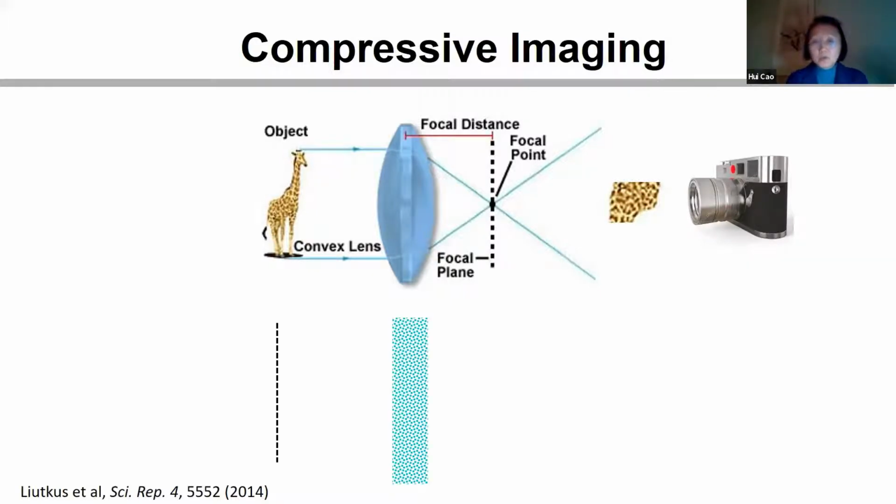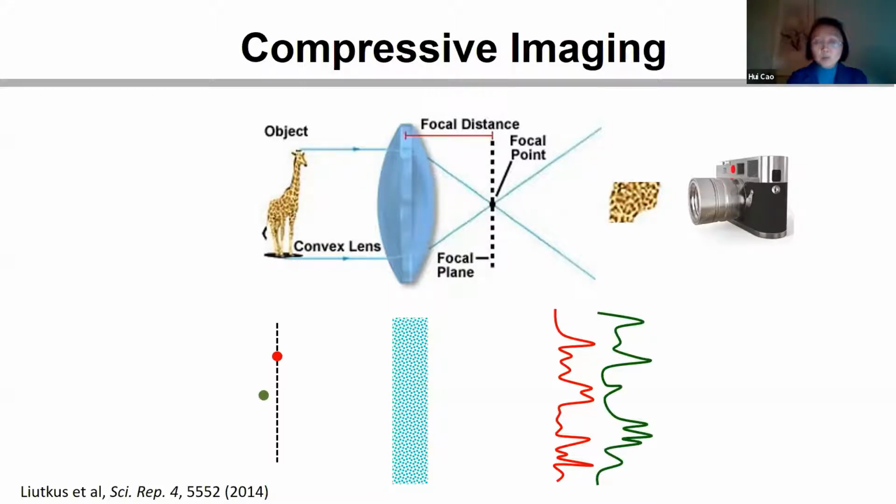Now, if we consider using a scattering medium as a lens, the light from this red point will generate a speckle pattern spread everywhere, right? If we have another point, the light from there will generate another distinct pattern through the system. So we are going to have many different points, and they are going to generate different patterns.